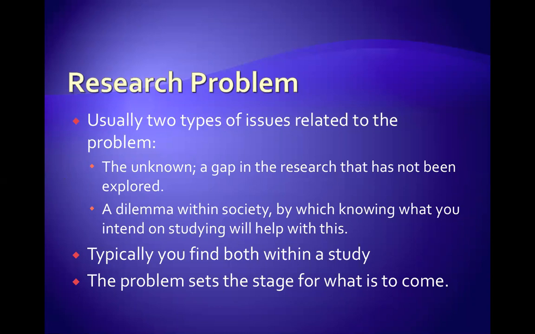So really these types of research problems go hand in hand: there's something wrong in society that we need to learn more about because we don't know enough about it, and the research isn't answering these questions as of yet. So when you read a lit review of an empirical study, get a sense of what the research problems are. Where's the gap in the research, and why exactly are they conducting the study? How's it going to make life better for society?